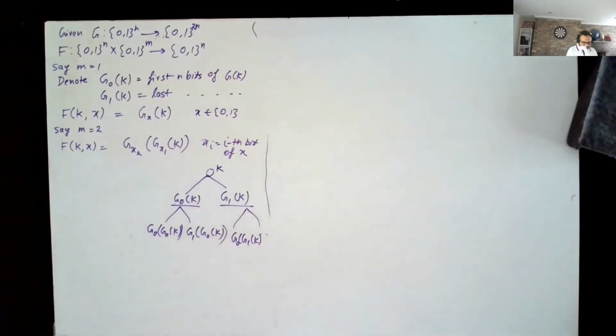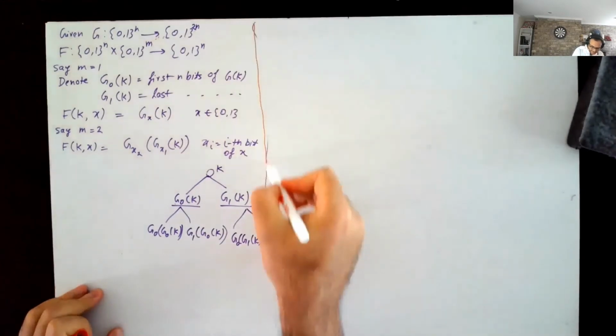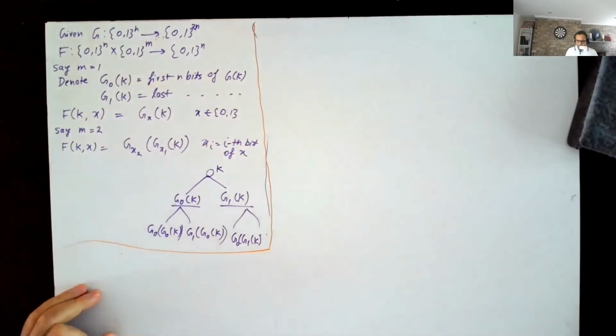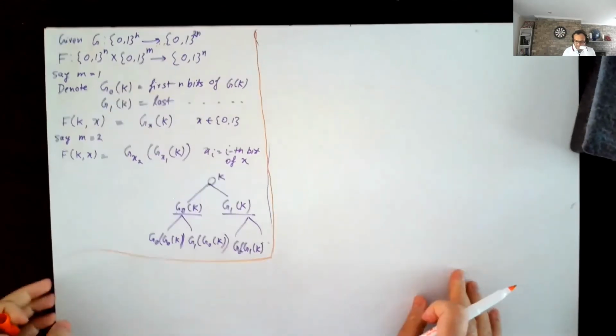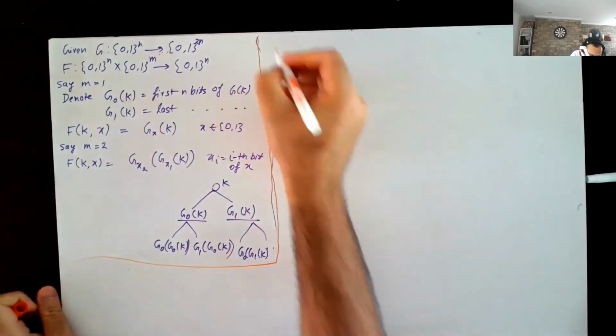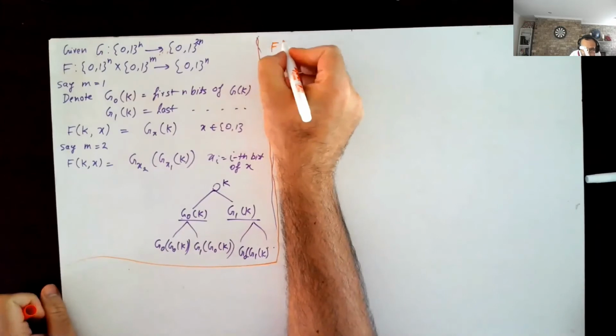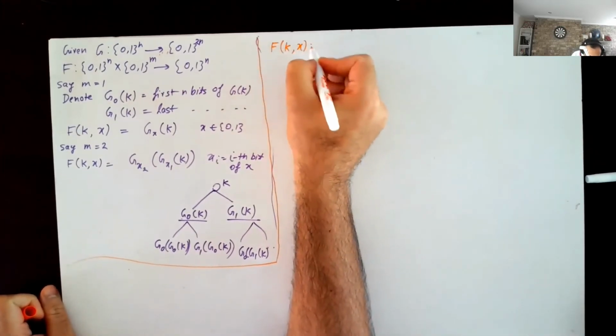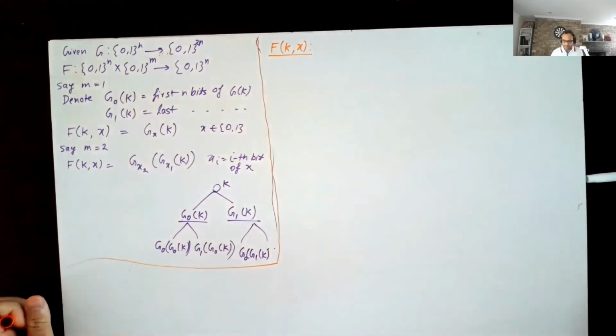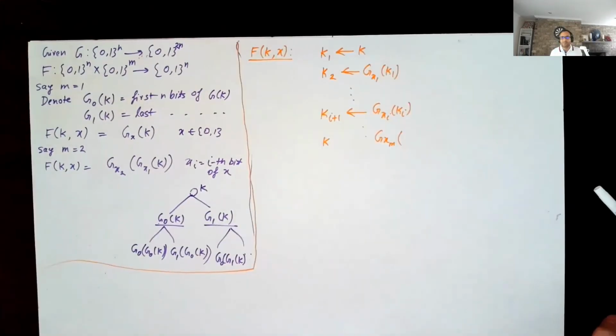So here is our final construction. F of k comma x looks like the following.